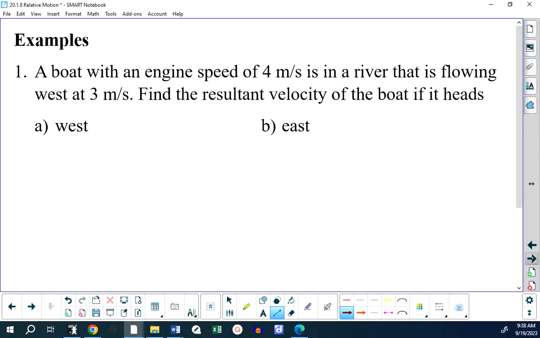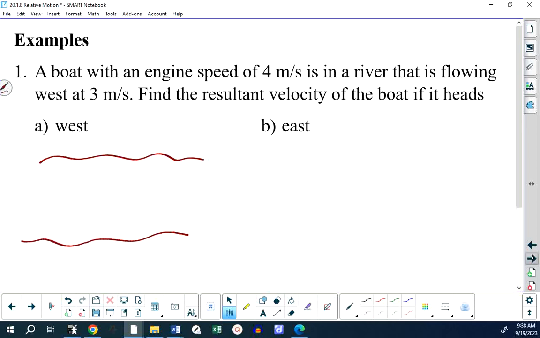The river's flowing west at 3 meters per second. What is the resultant velocity of the boat if it heads west? Okay, so what happens is, I am not an artist, although that's a pretty nice looking river.